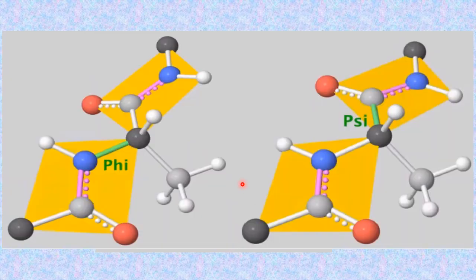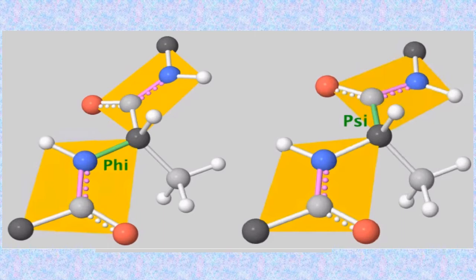Now, the different torsions or rotations of these two planes, and they are two different planes because of the three-dimensional orientation of the molecule, lead to different types of foldings of the backbone of the stretch of polypeptide.